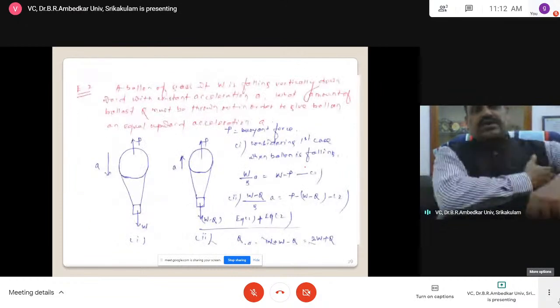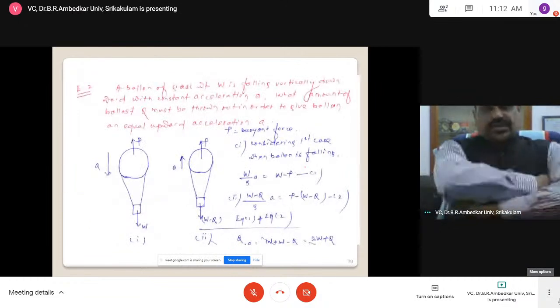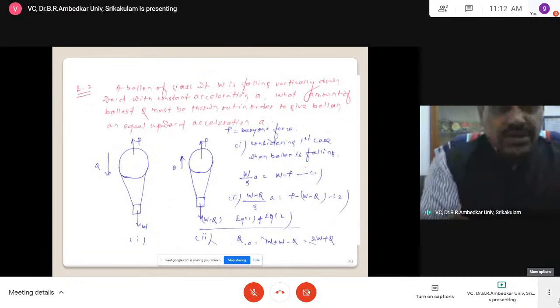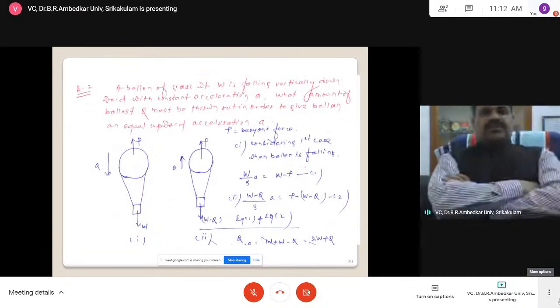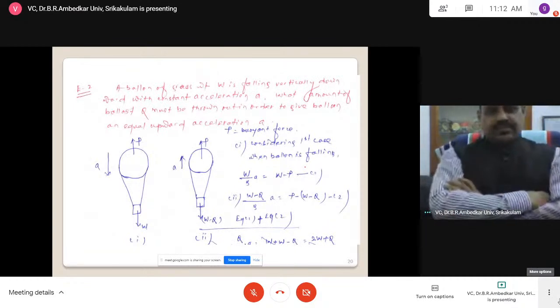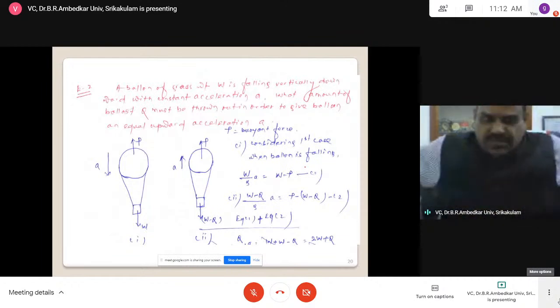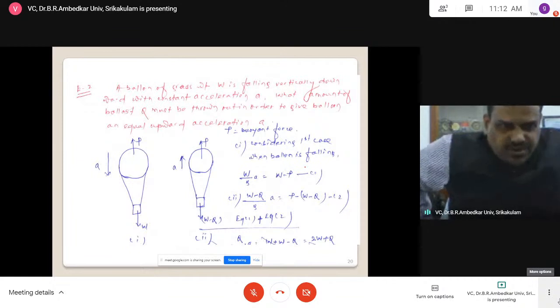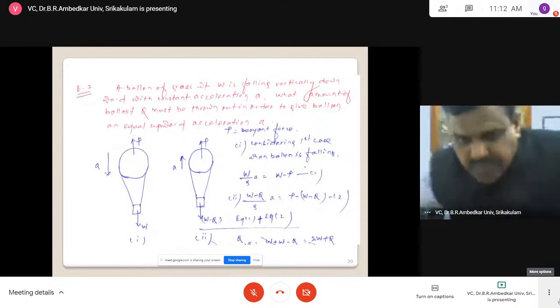Now let us consider the second problem. Note down the problem, otherwise this is given in one of the competitive examinations. It is there in Timoshenko's textbook as an exercise problem.